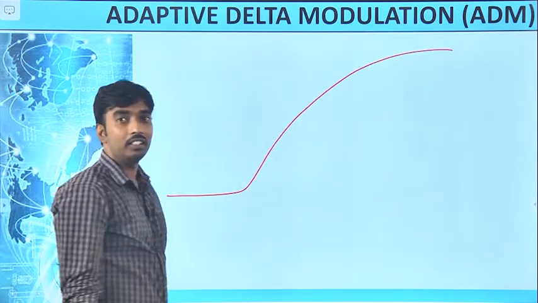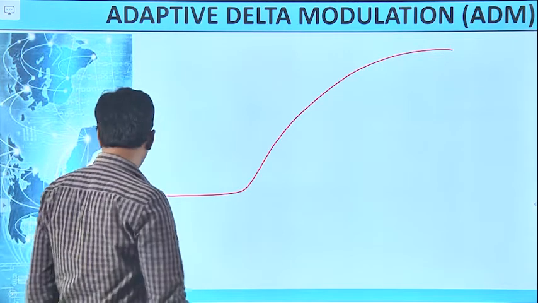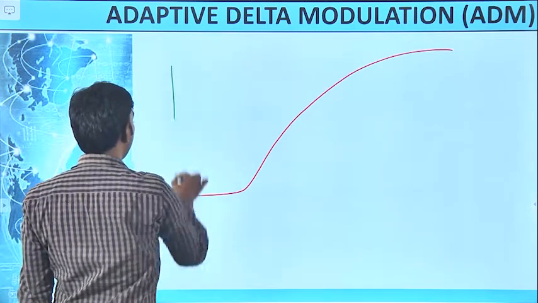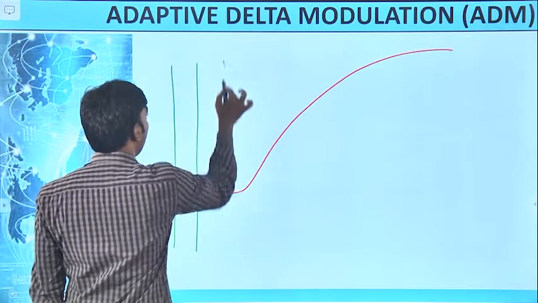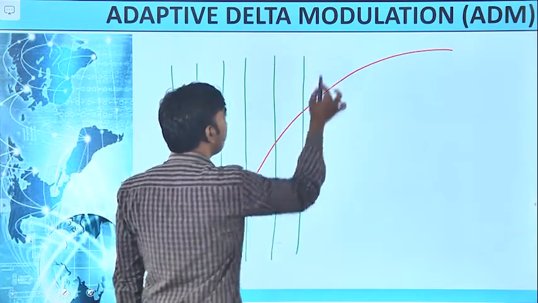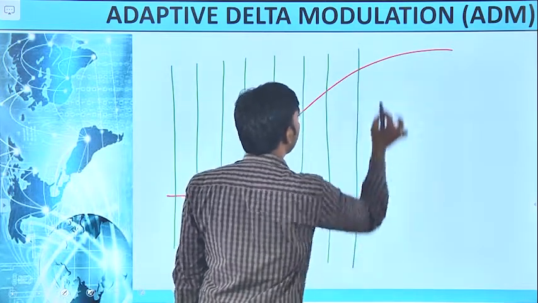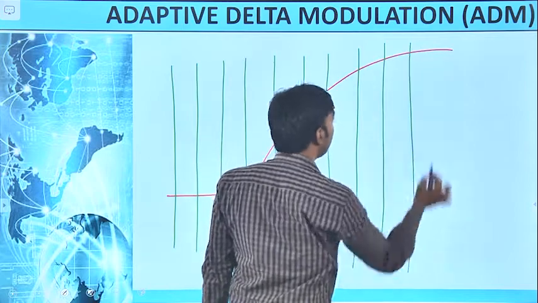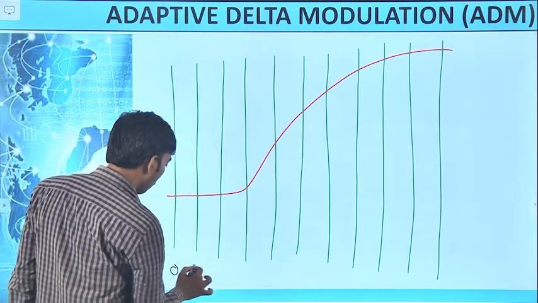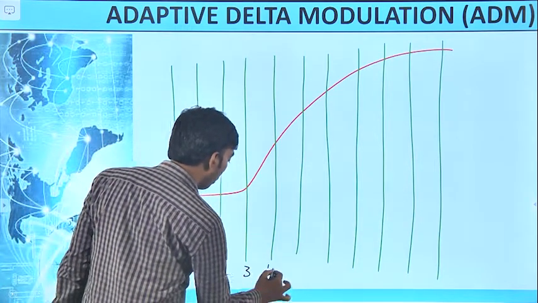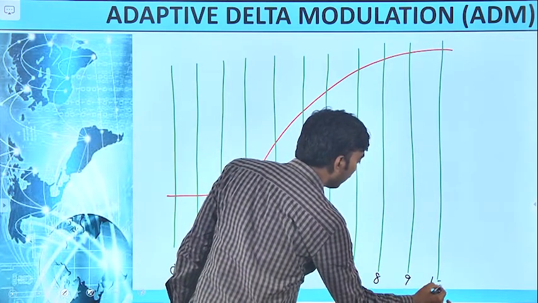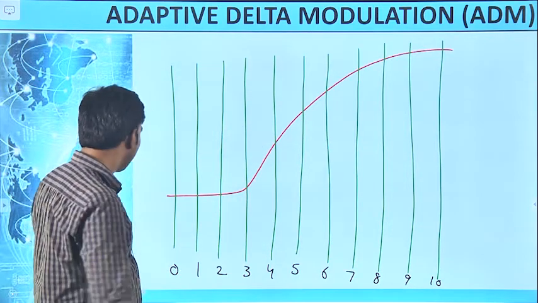Now this is my input signal. This is my step duration. Zero, 1, 2, 3, 4, 5, 6, 7, 8, 9 and 10. Right? 10 slots I have taken.